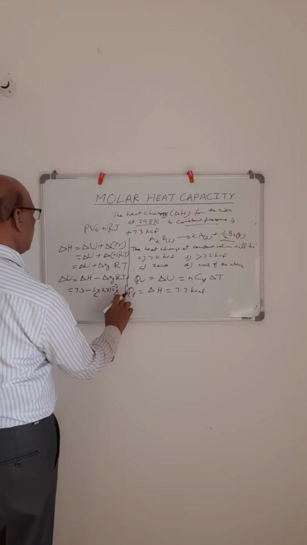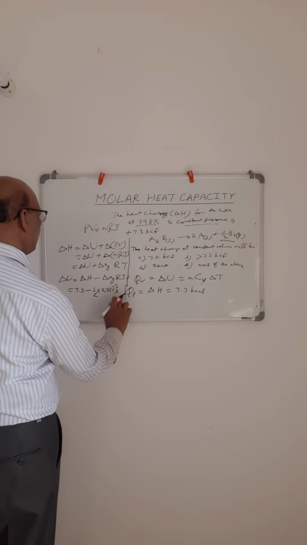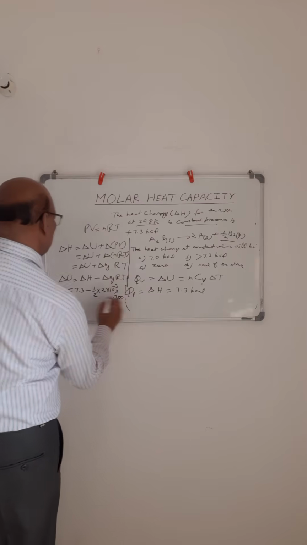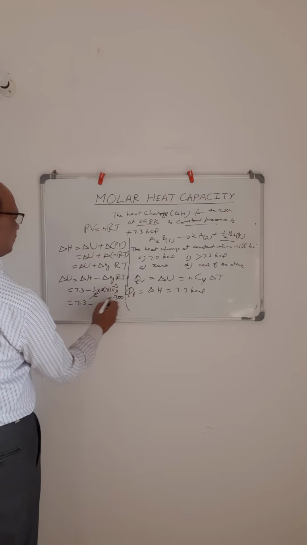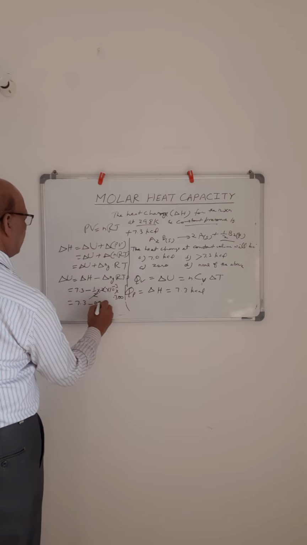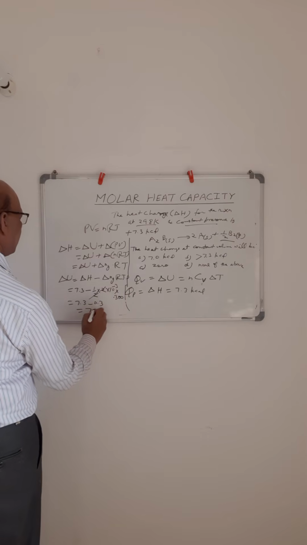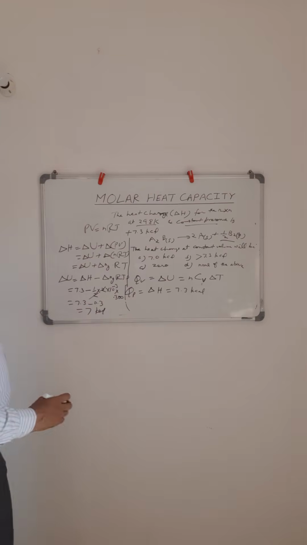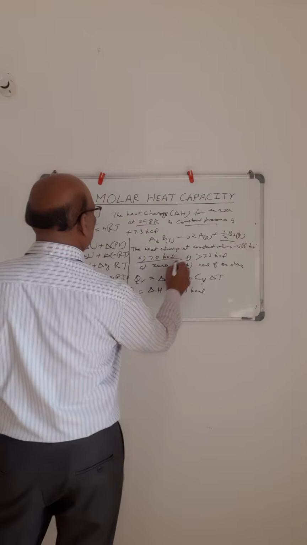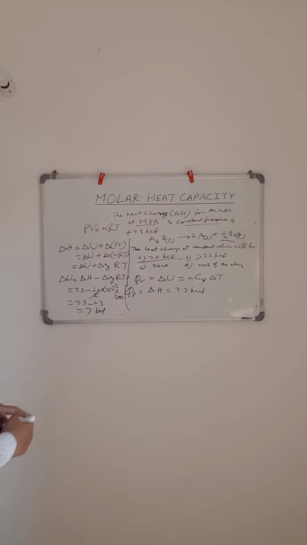So this will become 7.3 minus, the 2 will cancel out, and this will be 0.3, so it is 7 kilocalorie. So the answer is 7 kilocalorie, that is option A is correct.